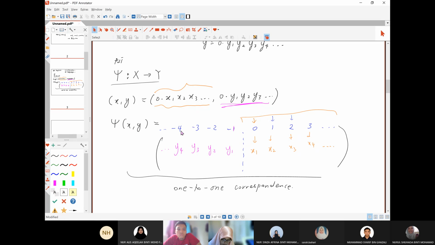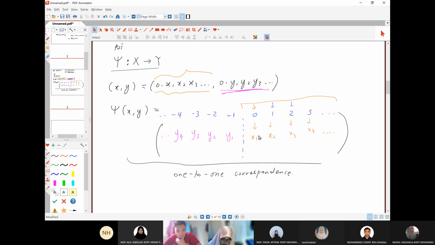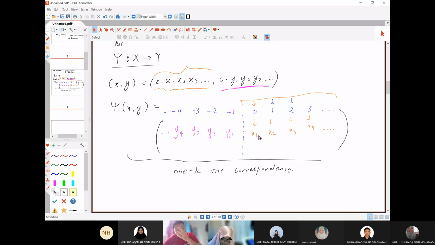Using psi, xy is given by this formula. So from xy, the coordinates, when it is mapped, it becomes digits, a sequence of digits, a double infinite sequence. Should there be a comma or not? No, there isn't. It is like this. You return it like this. Okay, you write it like this.